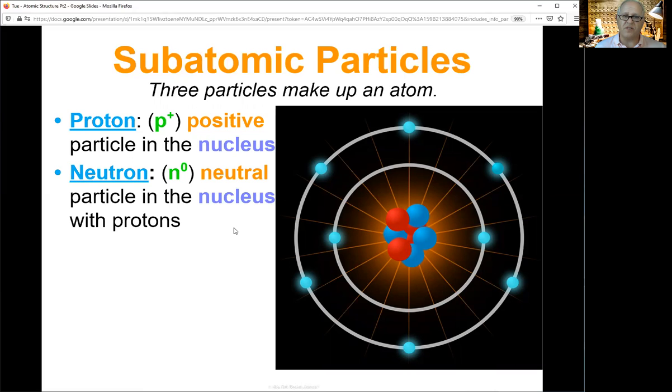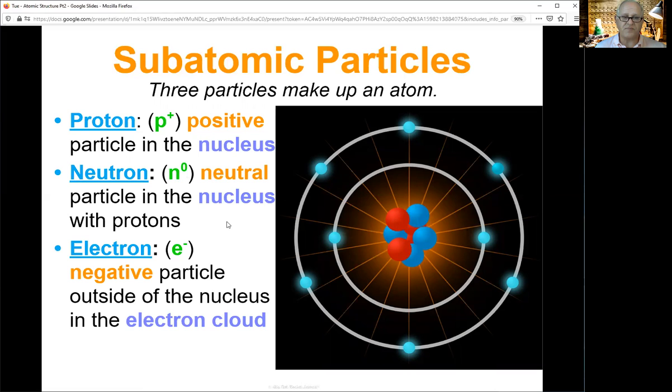The neutron, N with a superscript 0, has no electrical charge, is the neutral particle in the nucleus with the protons. And remember we talked about those energy rings? Here's one ring, here's two rings. The electrons, or E negative, are a negative particle outside the nucleus in the electron cloud.